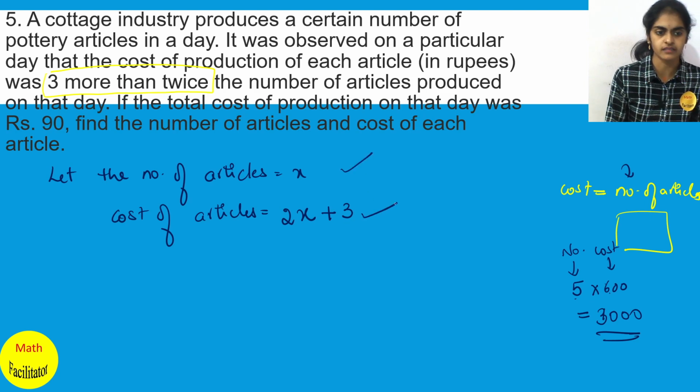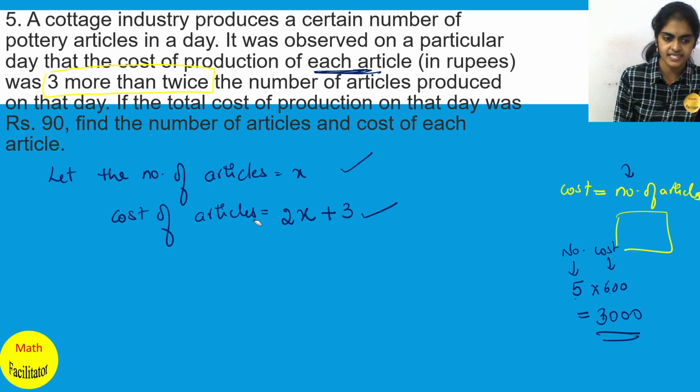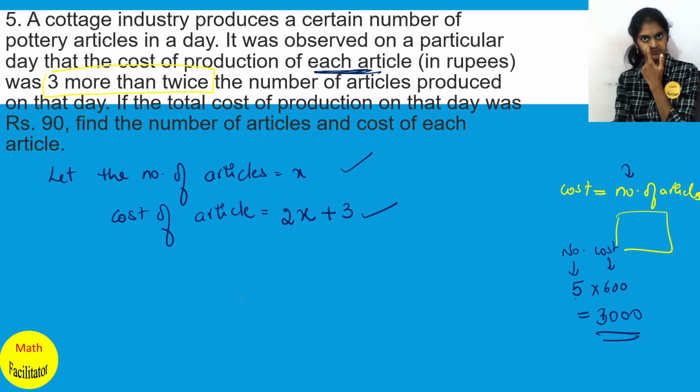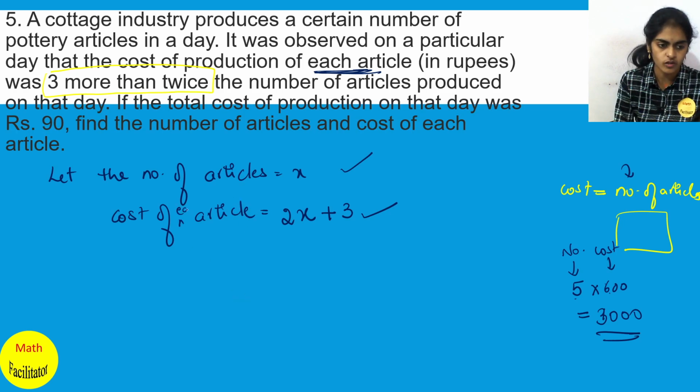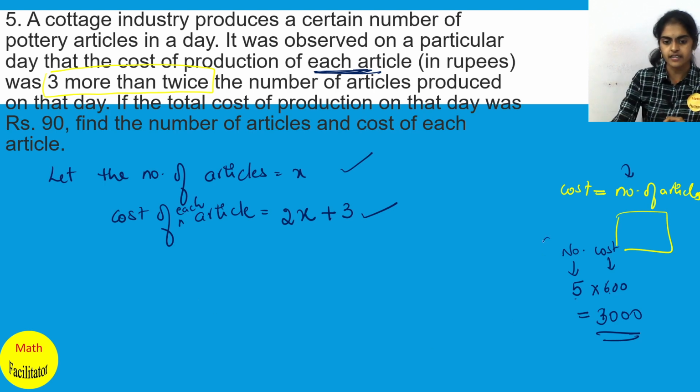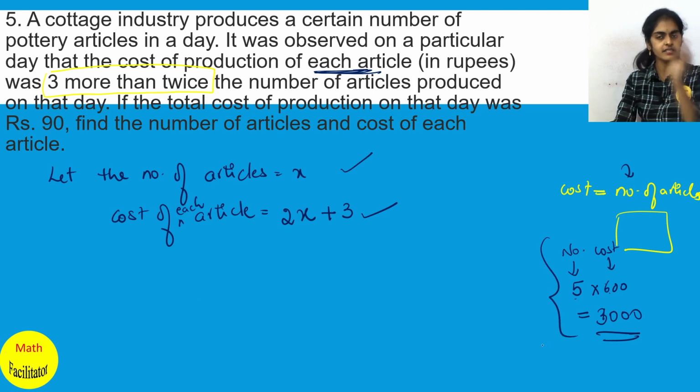Cost of each article produced is 2x plus 3. Let us write it clearly here also. Cost of each article produced is 2x plus 3. As I gave you the example, number of articles into cost of article will give you the total cost of production.